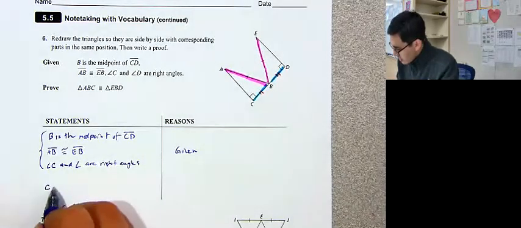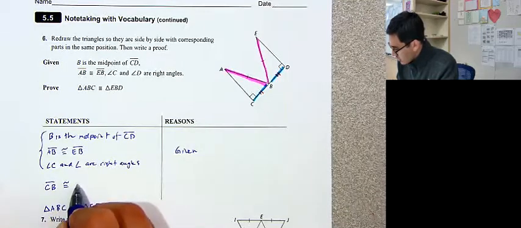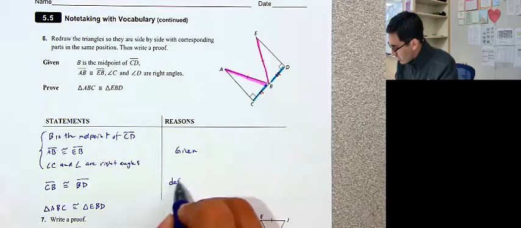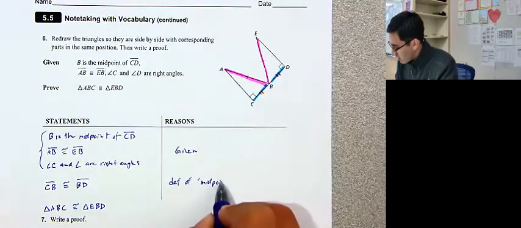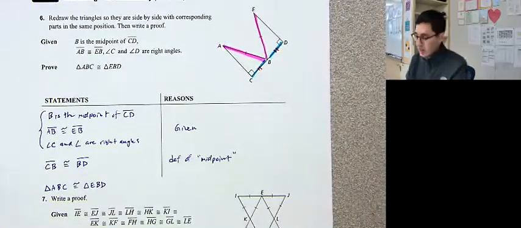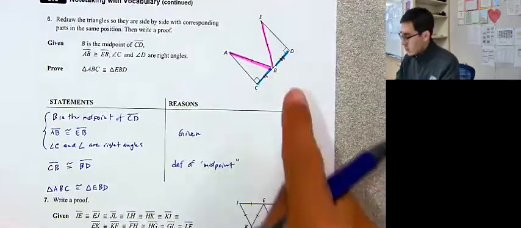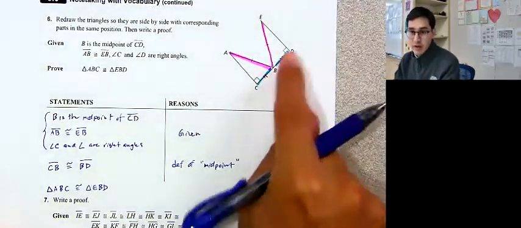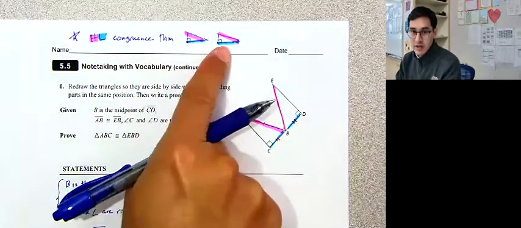So let's write segment CB is congruent to segment BD, and we'll write definition of midpoint. A midpoint divides a segment into two equal halves. If we look at our figure, we have right triangles, so that checks out here.